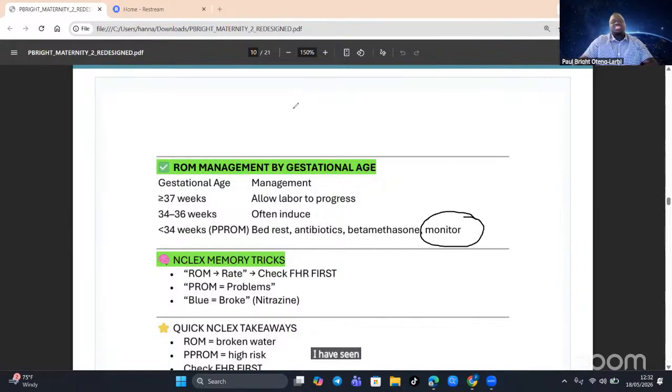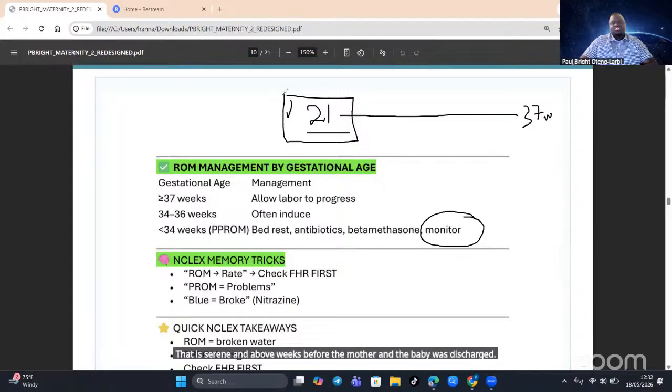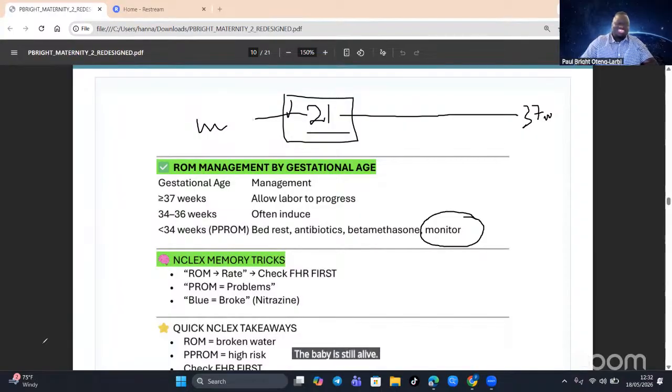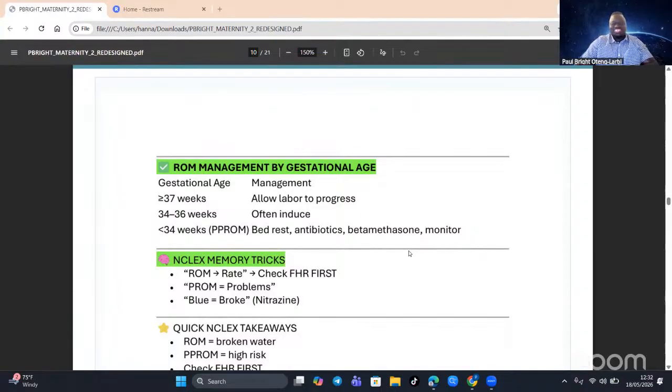I have seen a baby who was born at 21 weeks and was kept in the hospital till 37 weeks and above before the mother and the baby were discharged. They kept this baby in an incubator. The baby is still alive here in the US.